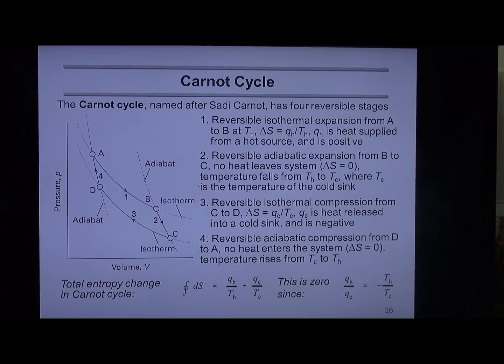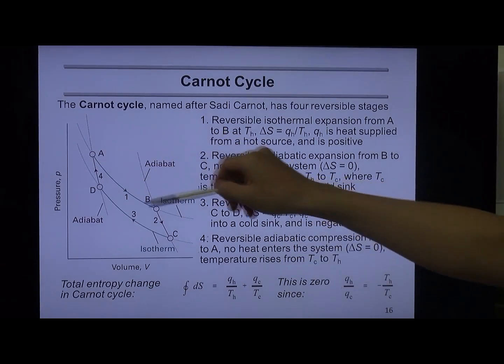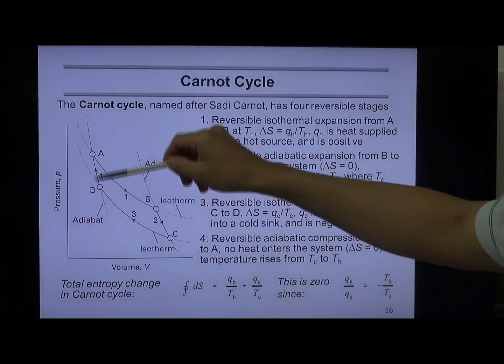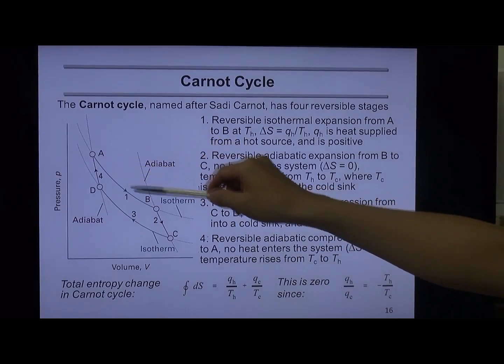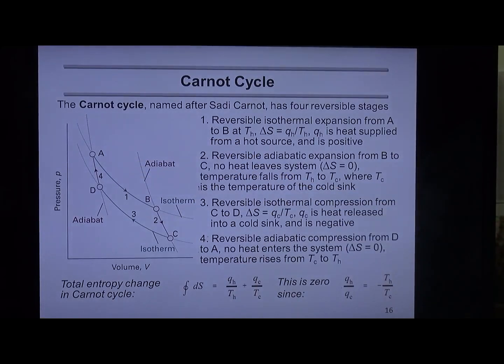Okay, and this Carnot cycle has specific 4 stages: A to B, B to C, C to D, D to A. All of these 4 processes are reversible. Okay, the first characteristic is that they are reversible, and 2 of them are isothermal, and the other 2 are adiabatic.